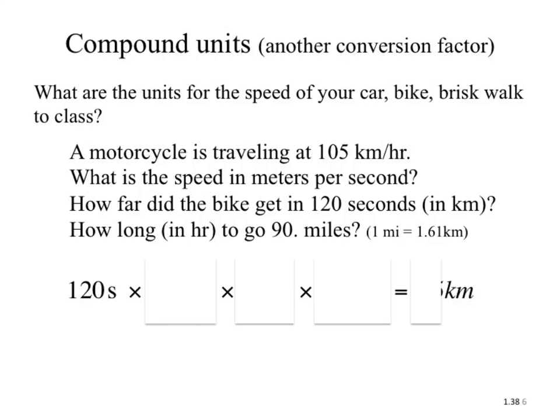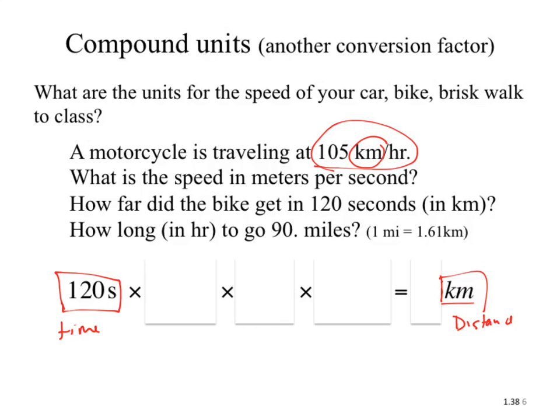So that's where identifying what unit we've got can help us. Seconds is a measure of time. Kilometers is a measure of distance or length. What's the other piece of information we're given? 105 kilometers per hour.